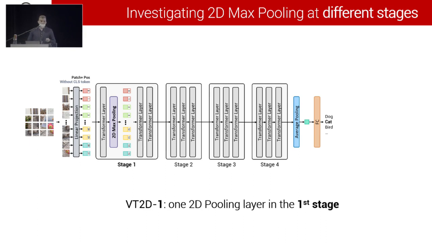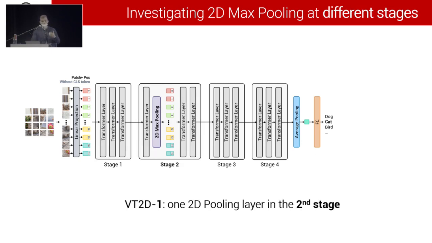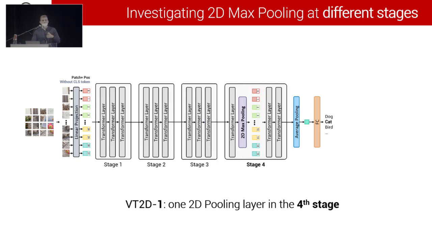So we propose VT2D1, which is equipped with only one pooling layer, and we study the effects of applying the pooling layer in the first, in the second, in the third, and in the fourth and final stage of our architecture. We will see in the experimental results how the stage of application of the max pooling layer will affect the model performance, both in terms of accuracy and also computational costs.